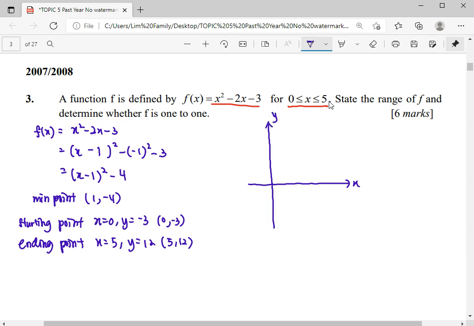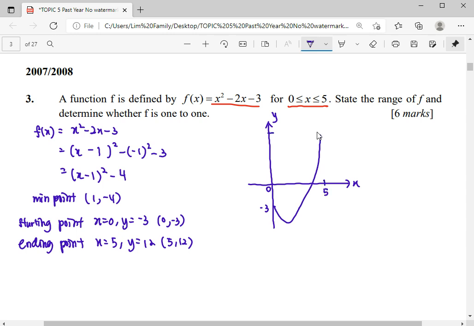So start from the starting point 0, where y is negative 3. Then you can see, start from 0, negative 3, then go down, minimum point at 1, negative 4, and then go up. So let's say here is negative 3, then negative 4, then go up for x equals 5.